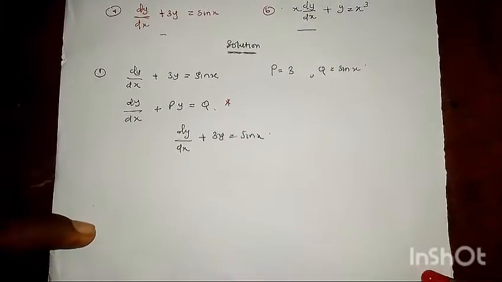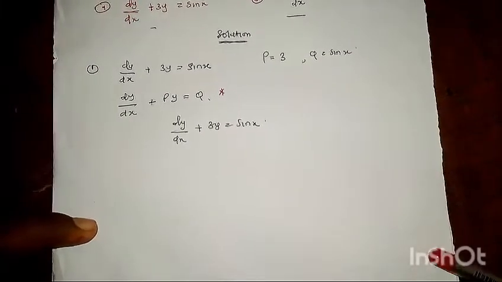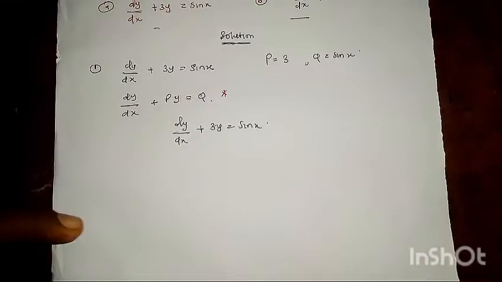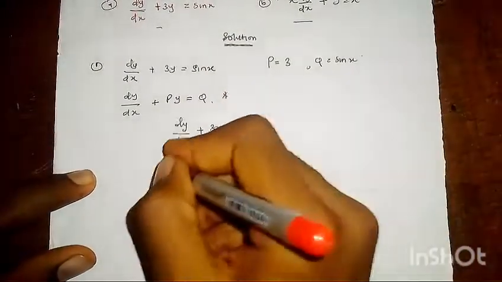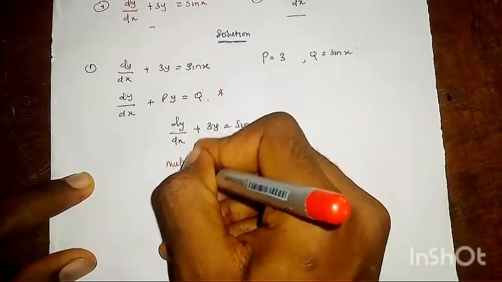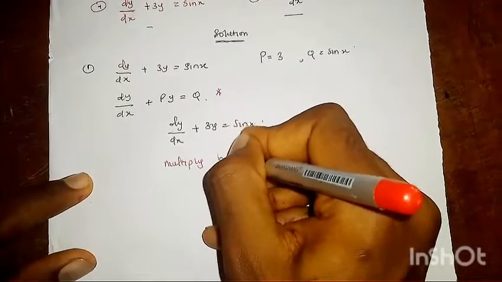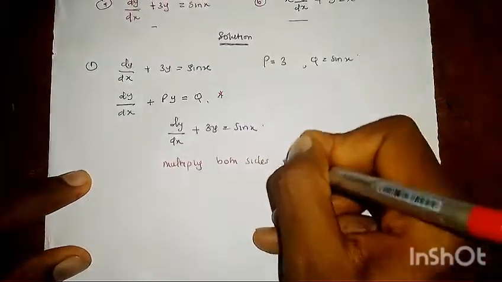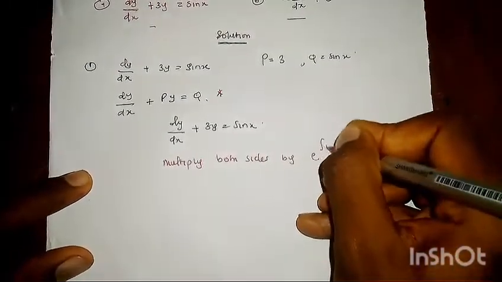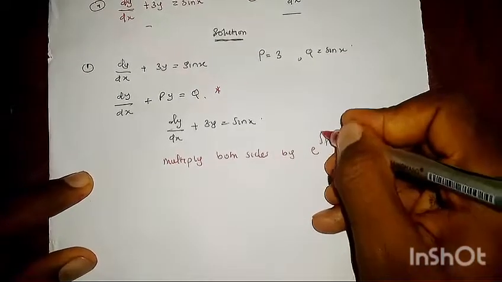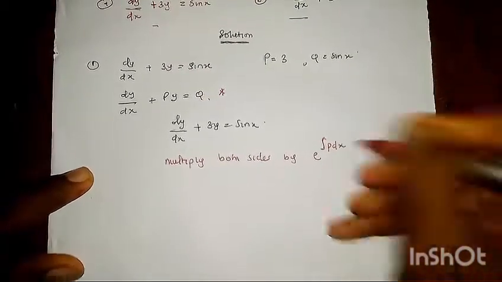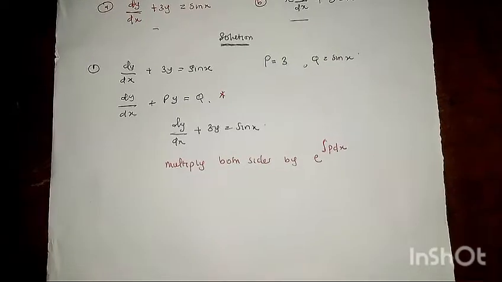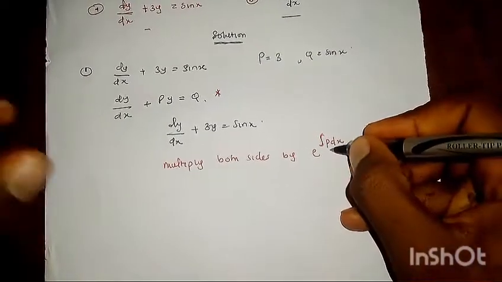My second step is to multiply both sides by the integrating factor. Remember, we're multiplying both sides by exponential integral p dx. Right? So now, what's my p?